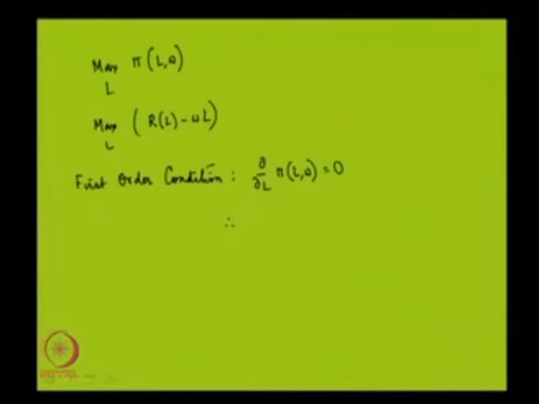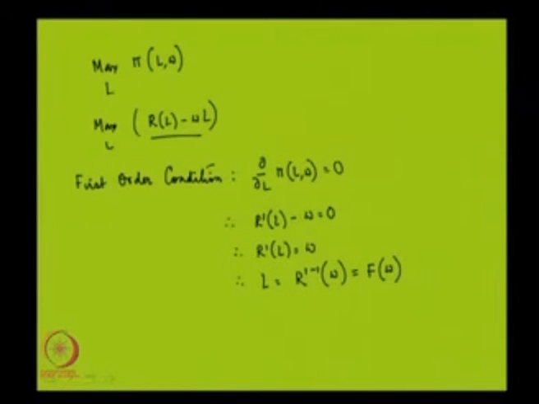Applying this FOC, or first order condition, to this particular function, I get the following condition, that L is a function of W. Let us call this f of W. So, this L as a function of W, this f function, is the function which optimizes the profit of the firm in the second stage given the W which has been decided by the union in the first stage. So, this is the solution from the subgame of length 1.